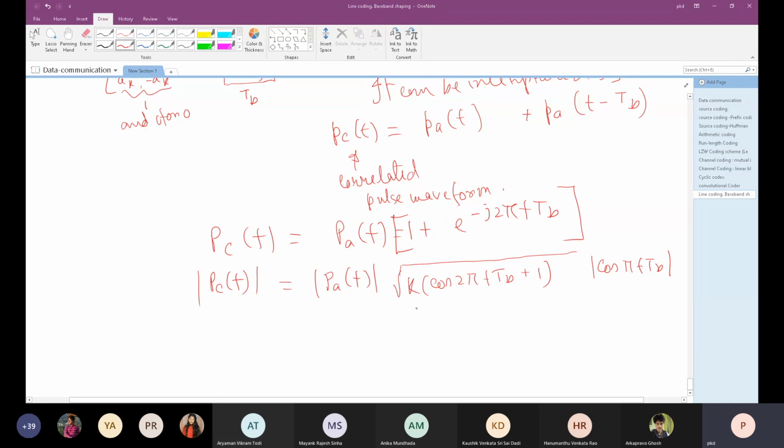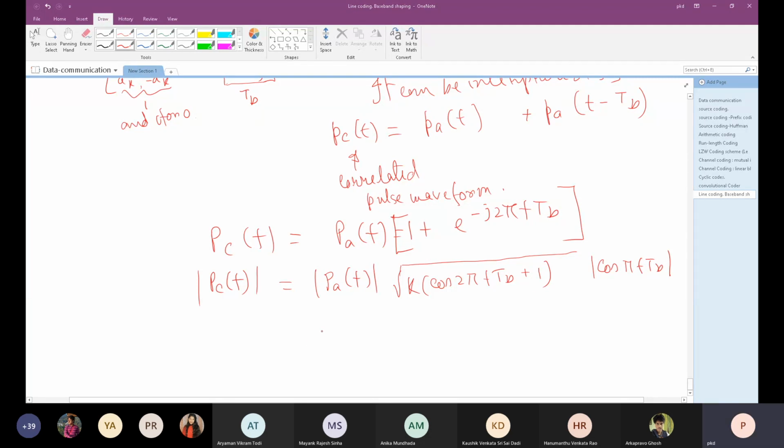Yeah, so I am putting k. In effect, the PAF is now getting correlated with its adjacent one, because we have this PCT coming from one PAT and one delayed version of that, another delayed PAT, and together we now have a pulse spectrum modulated by a cosine function.